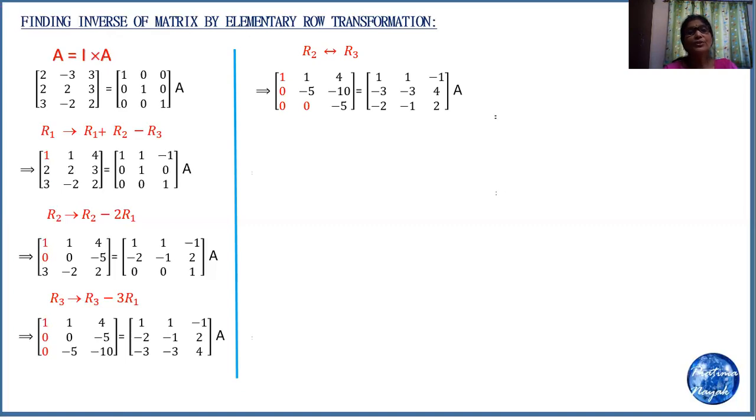Sometimes the children do not get the answer because we forget to do the operation on the identity matrix, or we don't have patience to change all the numbers. So be patient and cool, because you are getting 6 marks from this question. And before that, getting marks is not important.